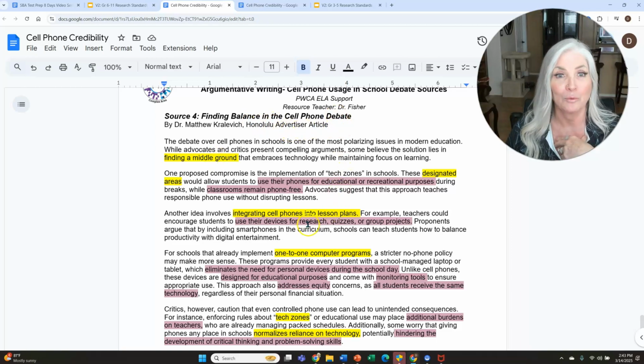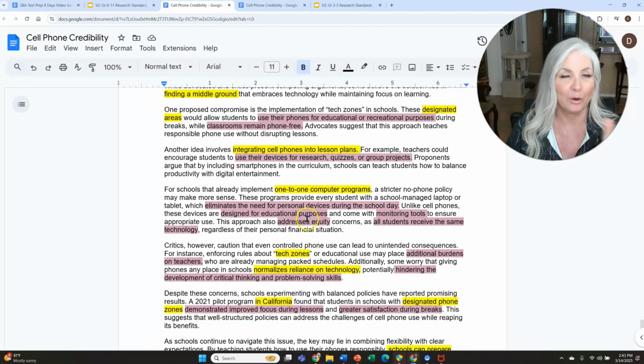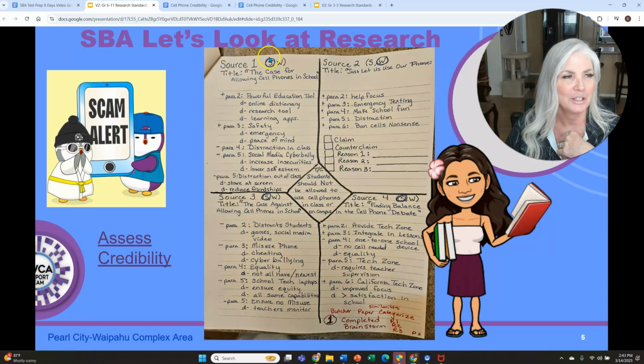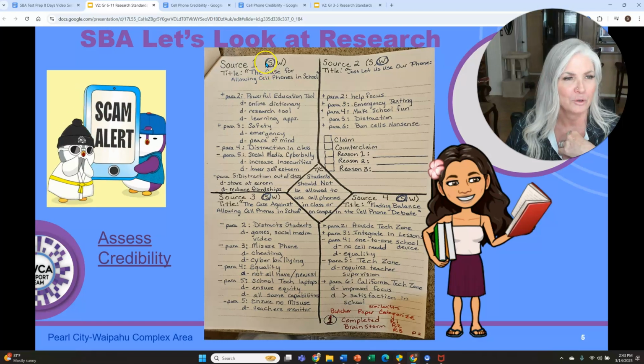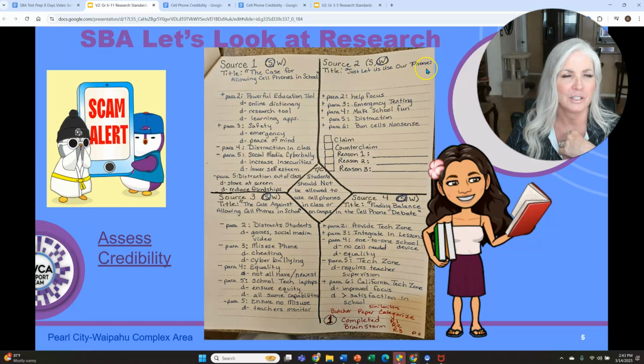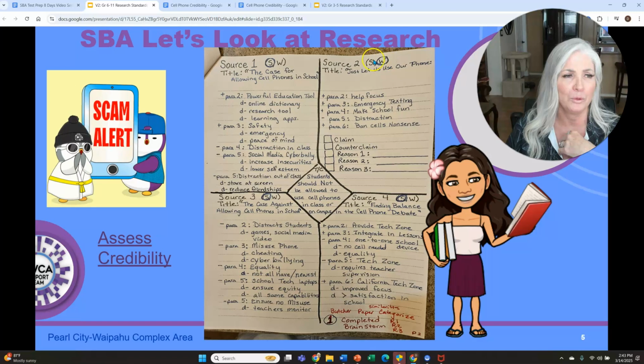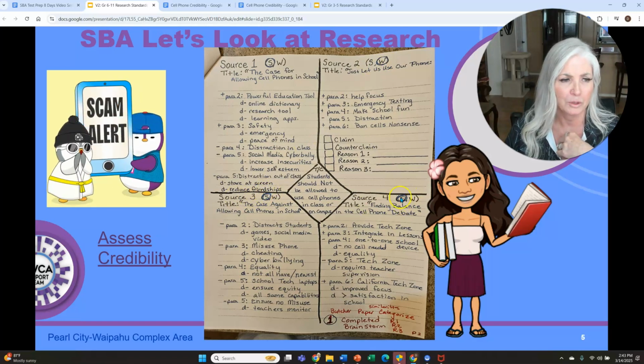So again, that's a reputable source, so this is a credible source. So you would just mark, as you can see here, the first one, the case for allowing cell phones, was a strong case. Second one, just let us use our phones, by the student blogger, was weak. Then source 3 was strong, and source 4 was strong.